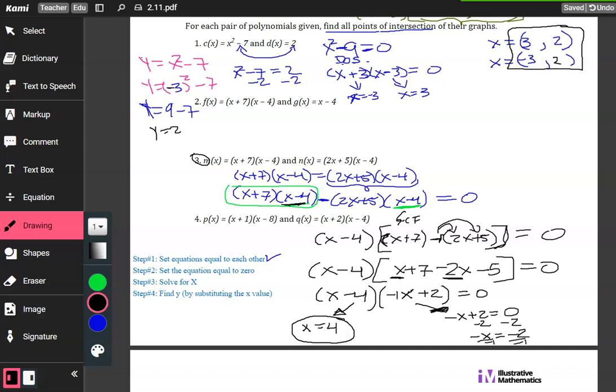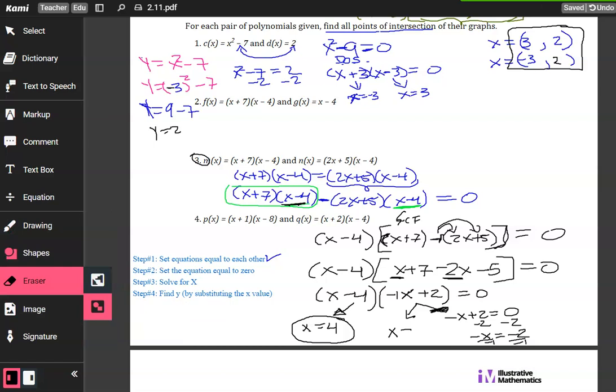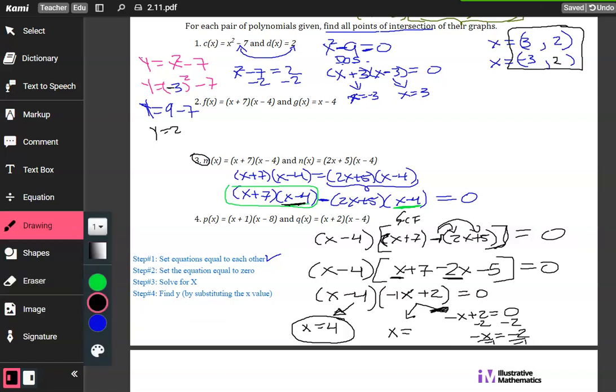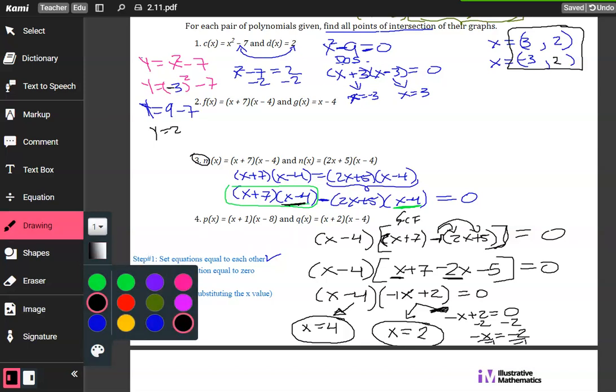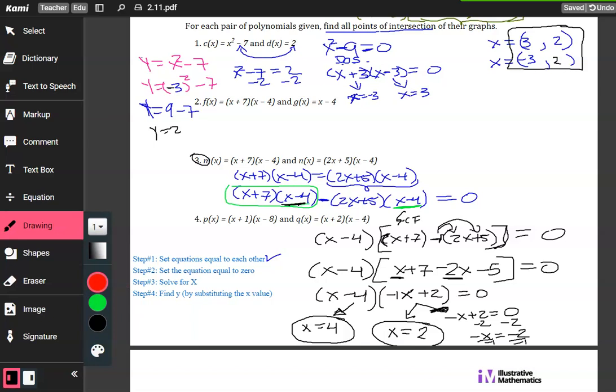So this becomes x equals positive 2. So I have x equals 4 and x equals 2 as the possible points of intersection.